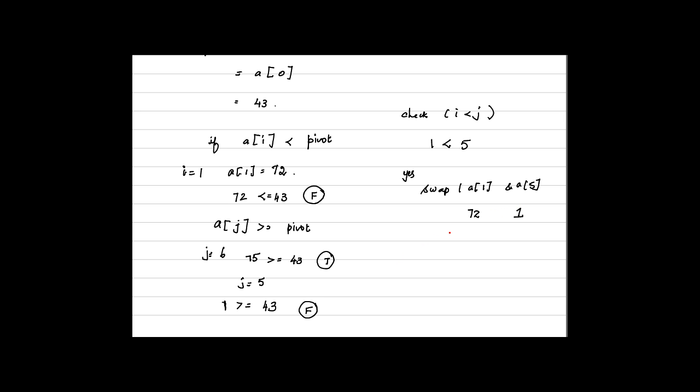Hence, when we swap, A of 1 becomes 1, and after swapping A of 5 will be 72. Hence, after this pass, we have the array 43, 1, 10, 23, 80, 72 and 75.